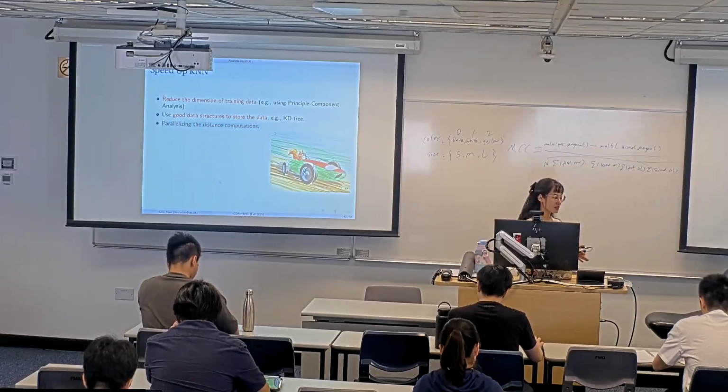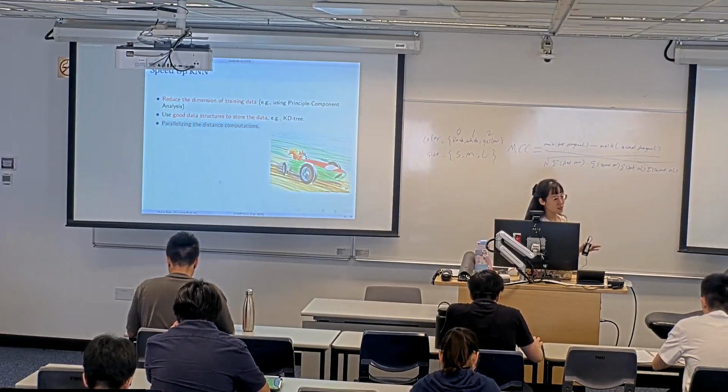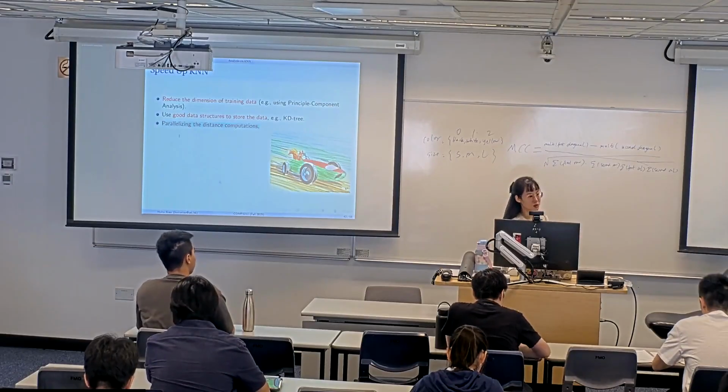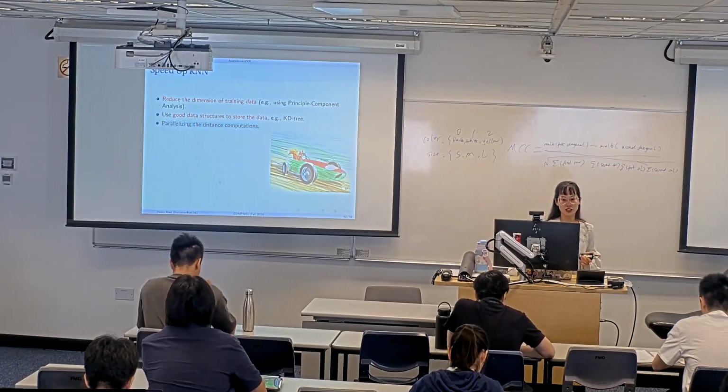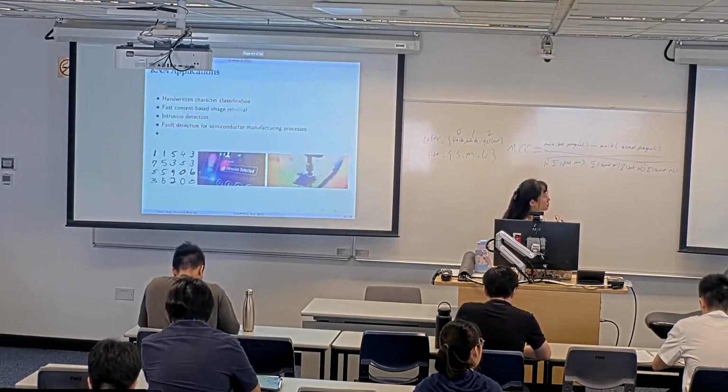Usually, if you find any algorithm takes too much time, parallelization would be a good choice. But in this course, we do not require you to know how to parallelize these computations. So these are some possible ways to speed up KNN.